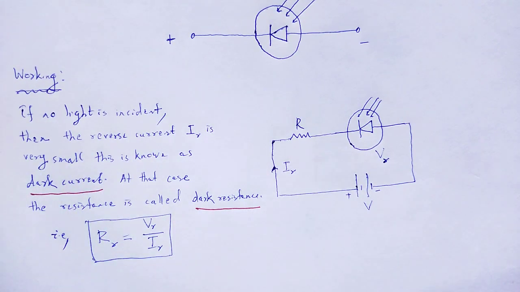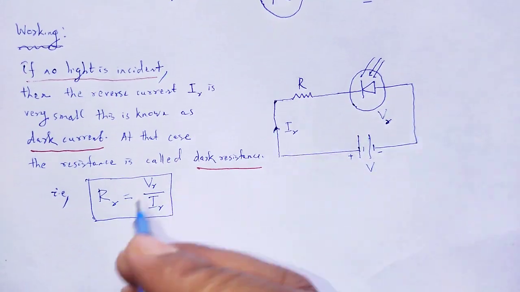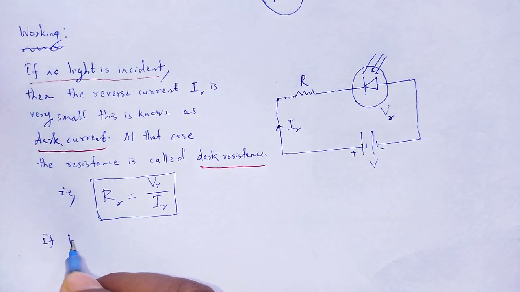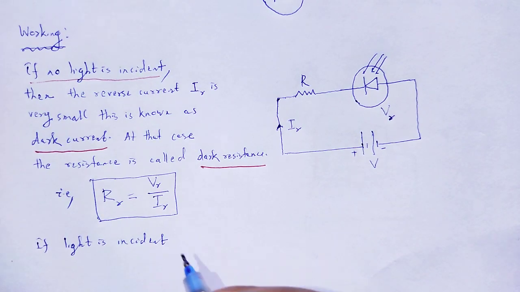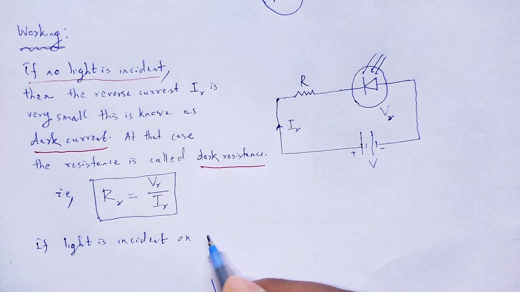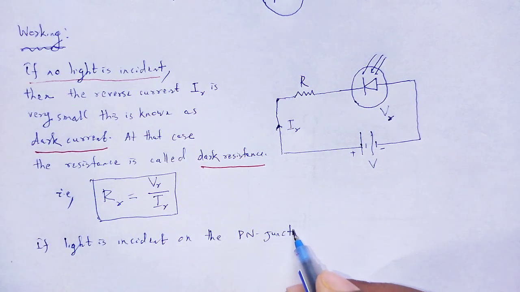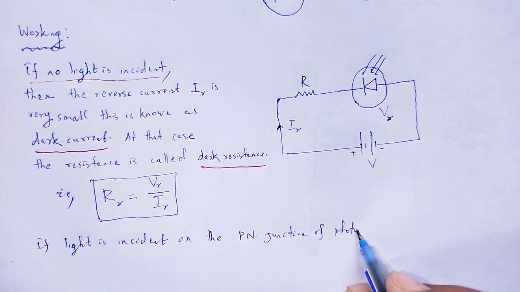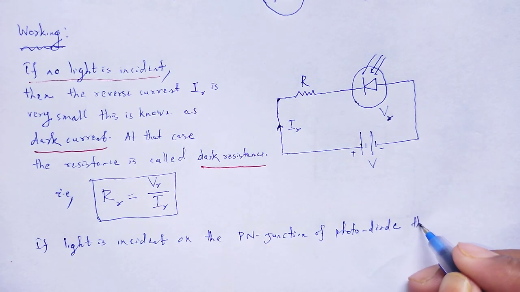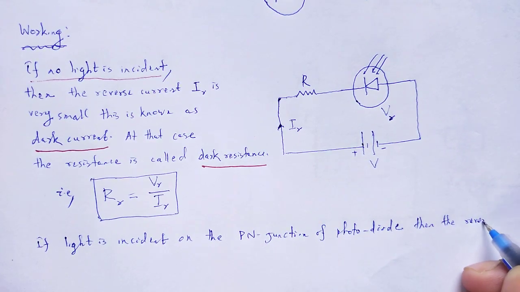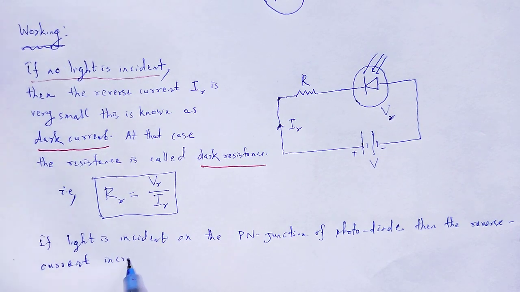If light is incident on the p-n junction of the photodiode, then the reverse current increases.